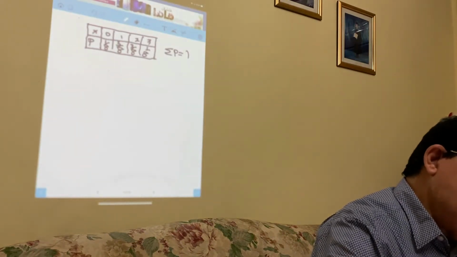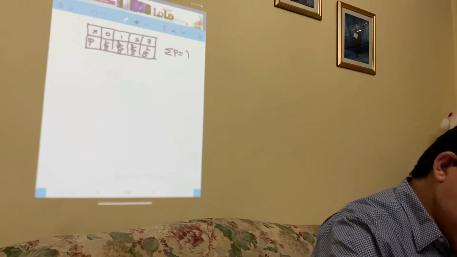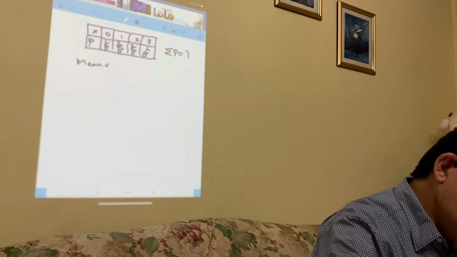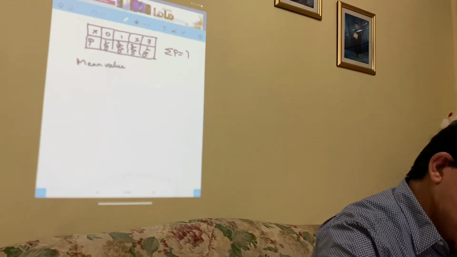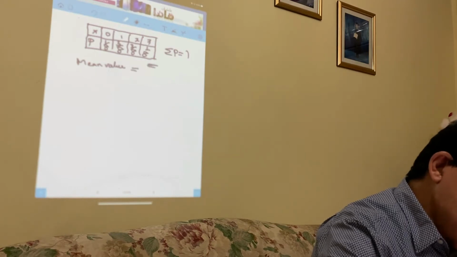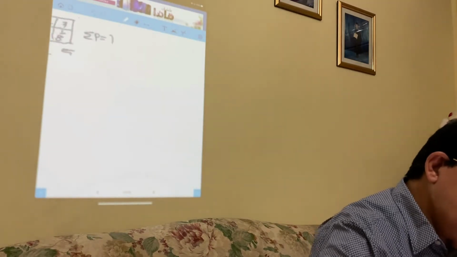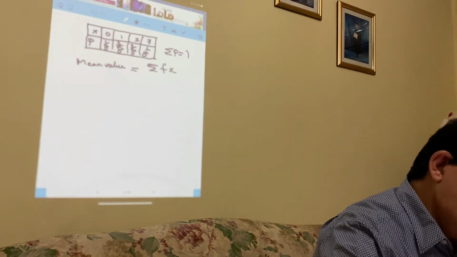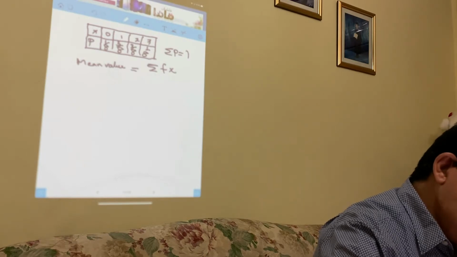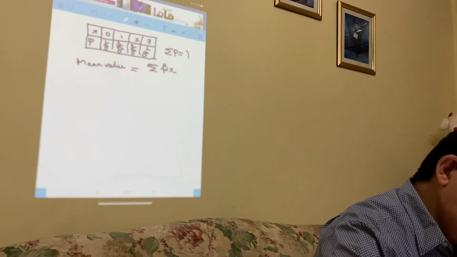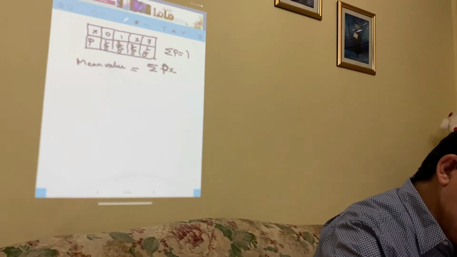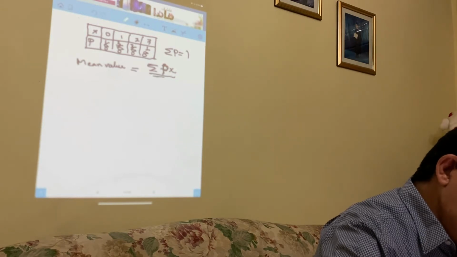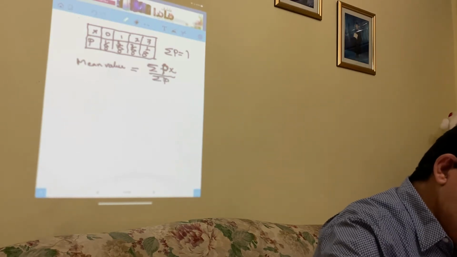How are we going to get the mean value? The mean value equals sigma f x over sigma f. Here, instead of f times x, it would be p times x over sigma p, and sigma p is 1.